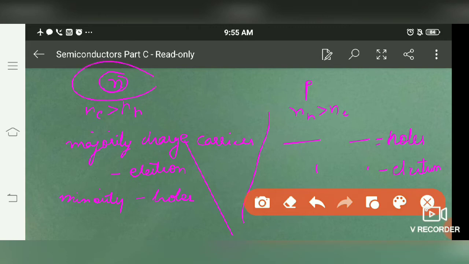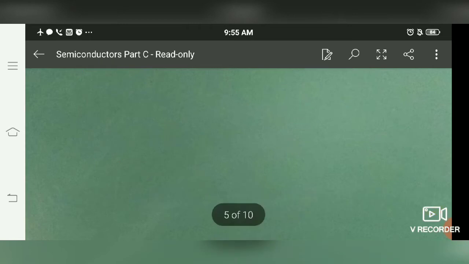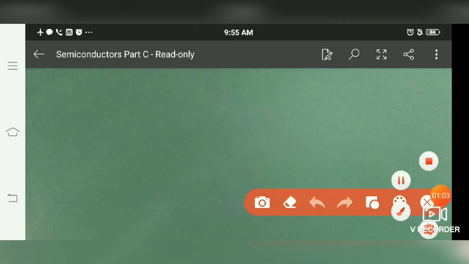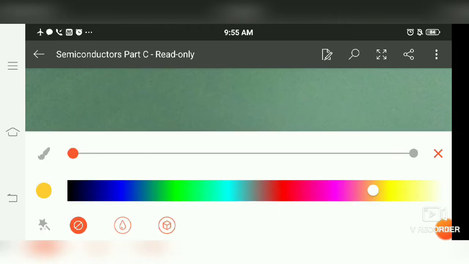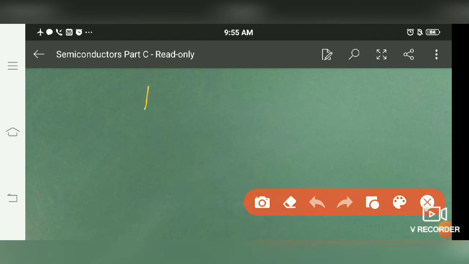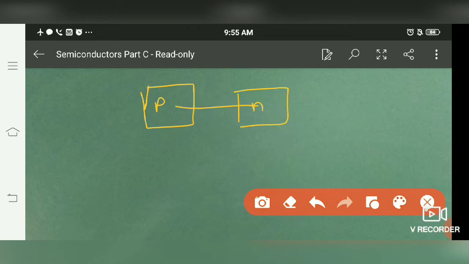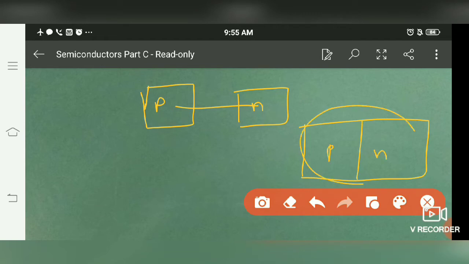Now if this P and N combine together, they will form a PN diode. This is a P type semiconductor and this is N type semiconductor. If both are fabricated together like this, it will form a PN diode or PN junction.